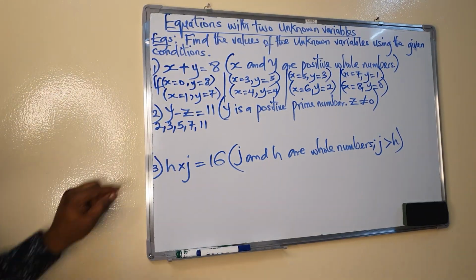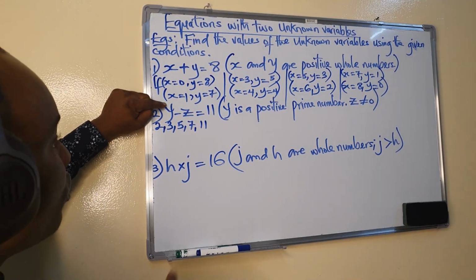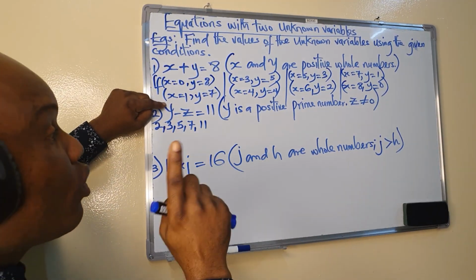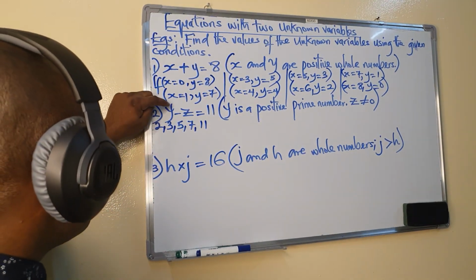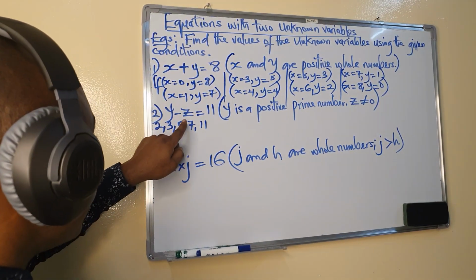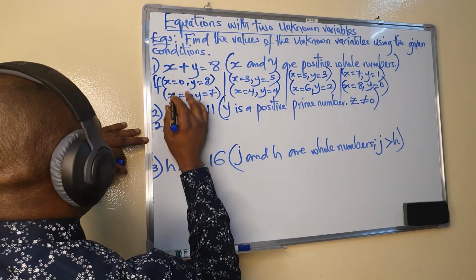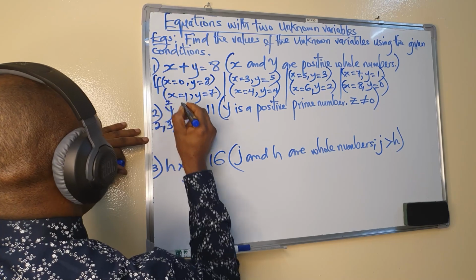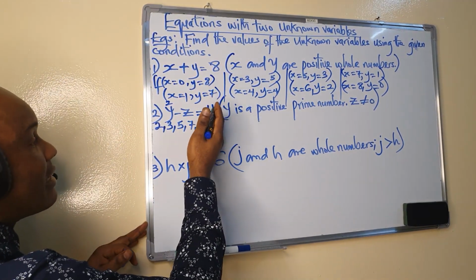So let's first assume that y takes the value 2. If y takes the value 2, remember that z cannot be equal to 0 and y cannot be negative. So if y takes the value 2, what can z take? Because z is already negative. Let's think about it. If y takes the value of 2, how can we operate this so that we get the answer 11?